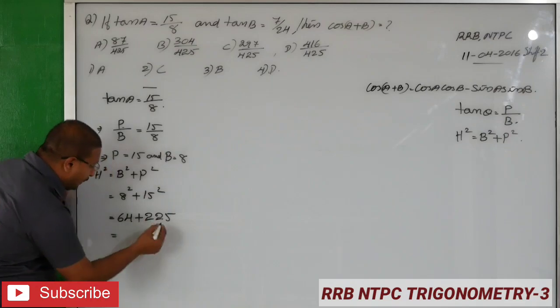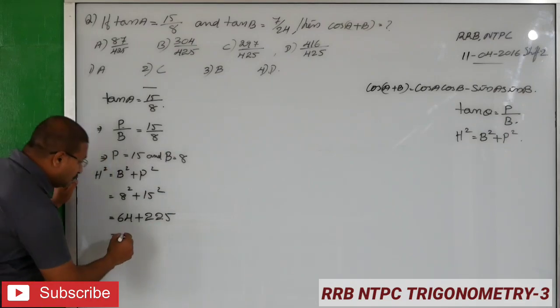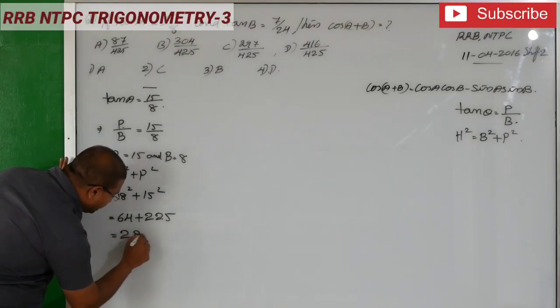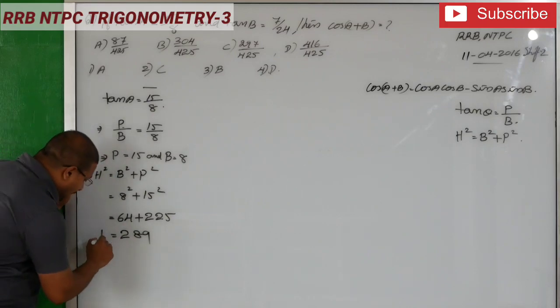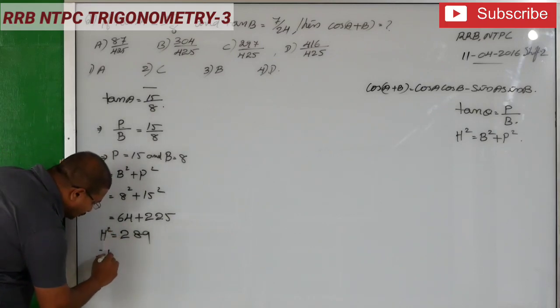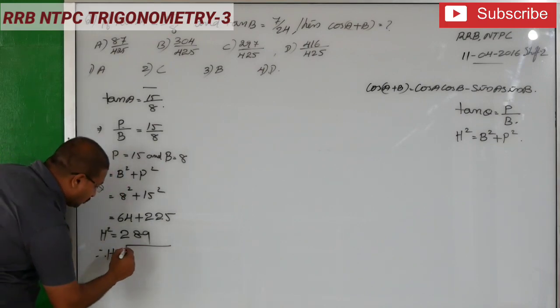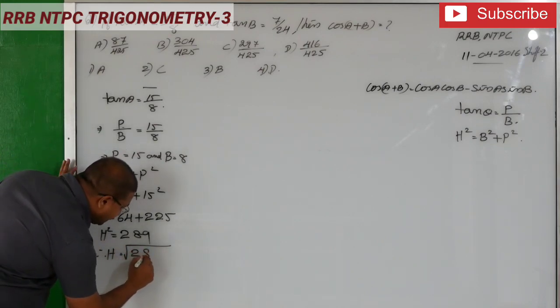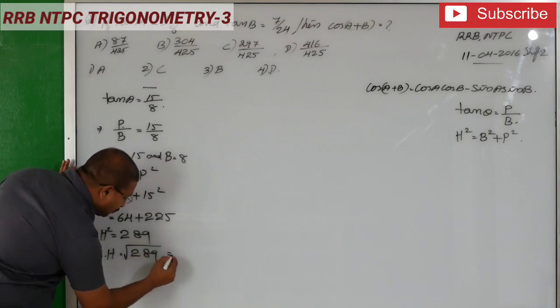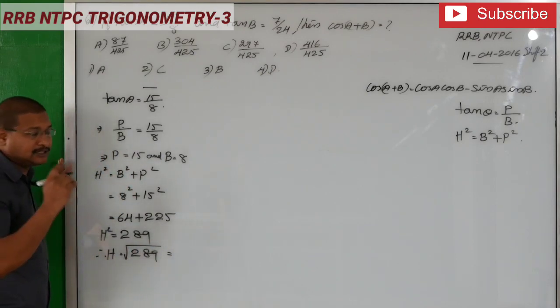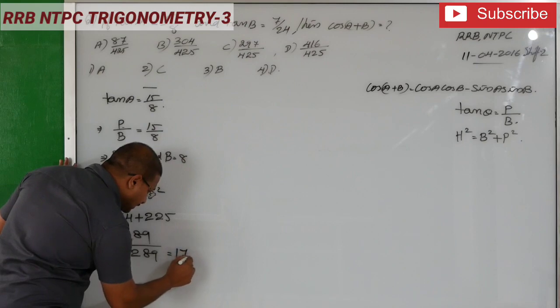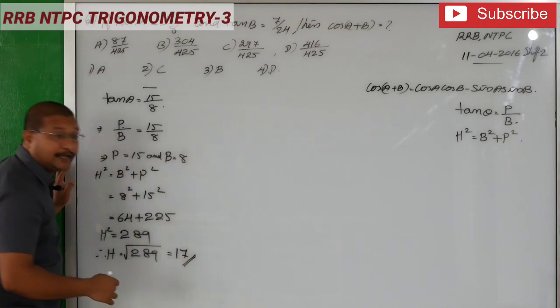Now we have to add this, that means 289. That is hypotenuse square. Therefore, for hypotenuse, what will you do? The square goes to the other side as square root. That means square root of 289, which is 17. So make sure that you are studying how to take square root.